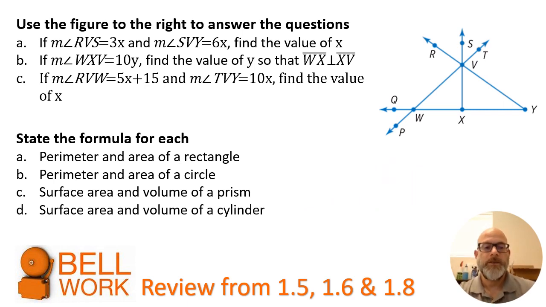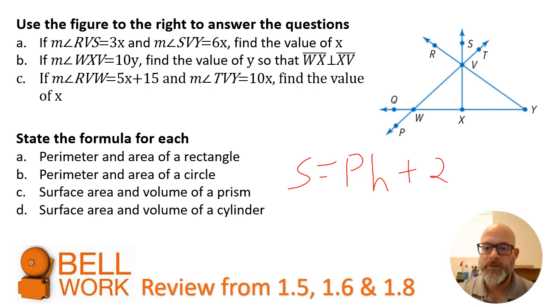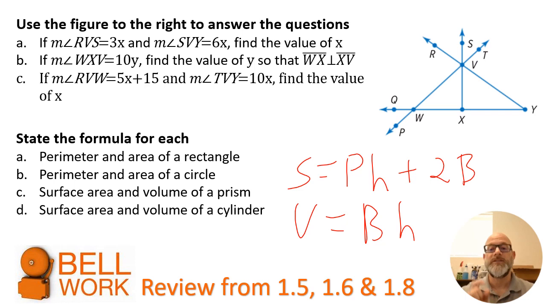Next, surface area and volume of a prism. Well, any prism is going to have the surface area Ph plus 2B, and the volume is going to be given by Bh. Okay, what's important here is you must know what these symbols mean, right?